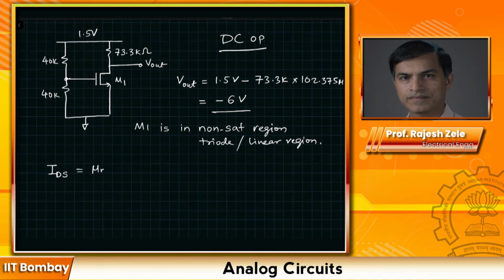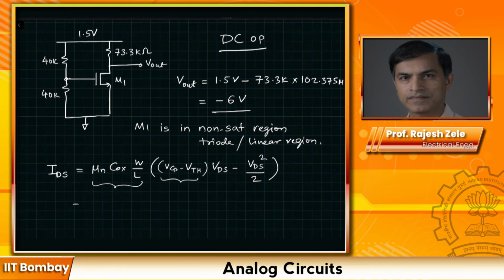IDS is equal to mu n Cox W by L times (VGS minus VTH) times VDS minus VDS square divided by 2. Now we can substitute the values and that would come out to be 136.5 micro multiplied by 24 and (0.25 VDS minus VDS square divided by 2) IDS.